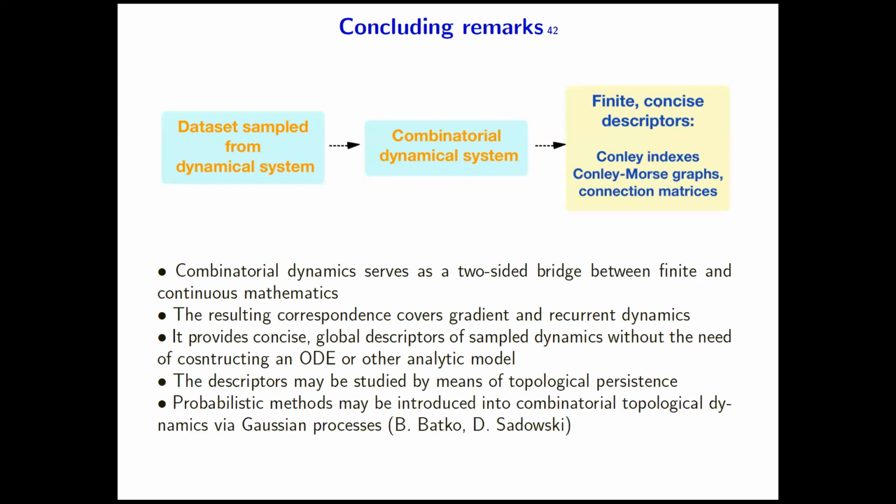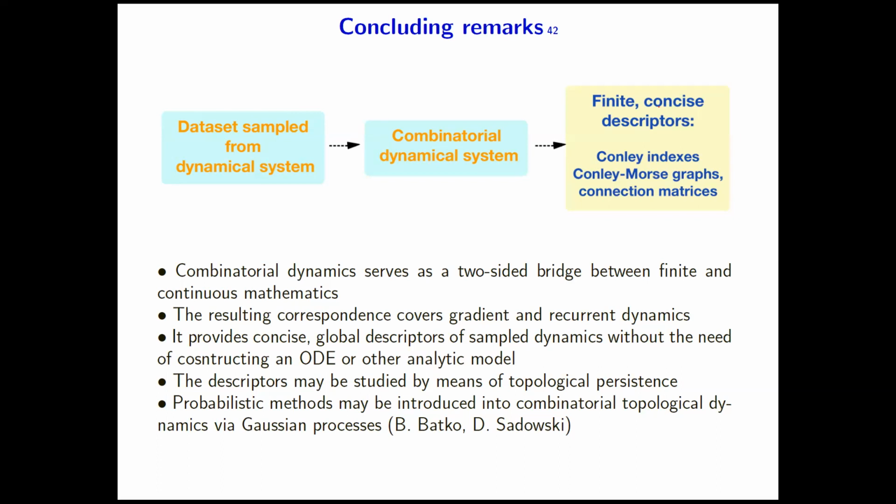And the last, but definitely not least, probabilistic methods may be introduced into combinatorial dynamical systems. I'm not a probability man. I always admire it. I think you need a special kind of brain, a special mind to do stochastic dynamical systems properly.